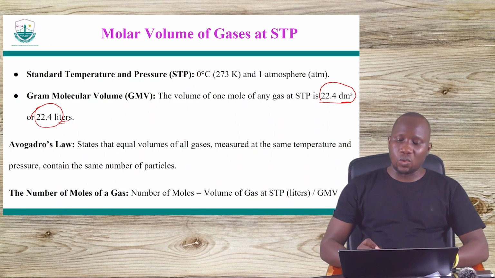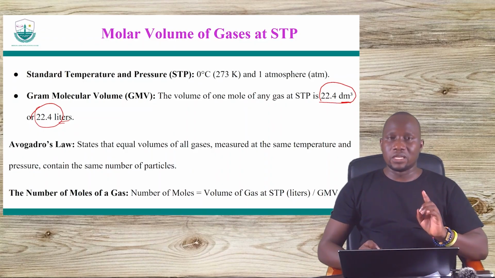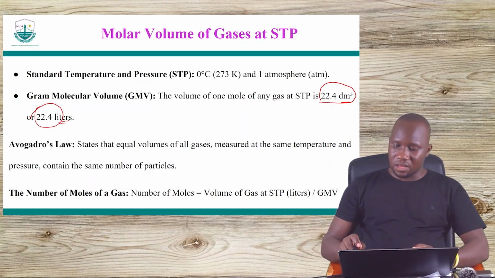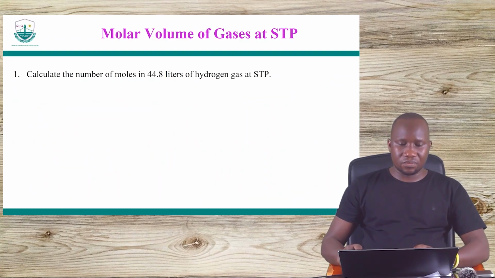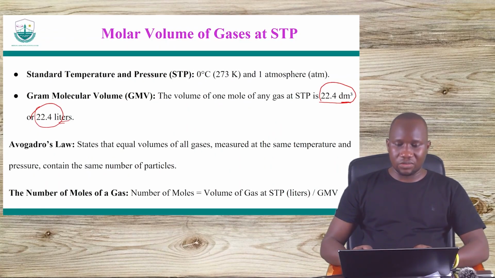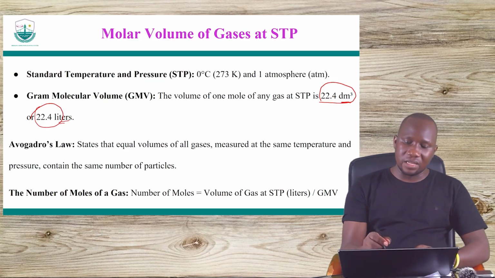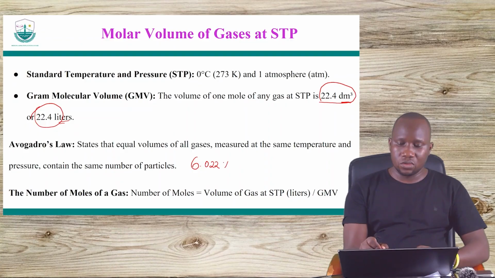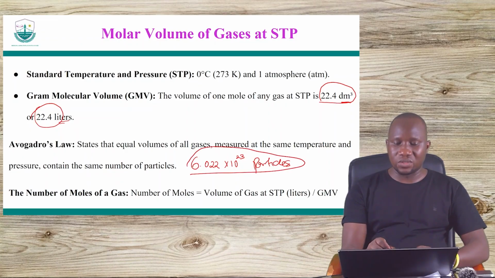And those particles will always be Avogadro's number. We have not yet written it here, but that number is 6.022 times 10 power 23 particles. You already know this number, Avogadro's number.